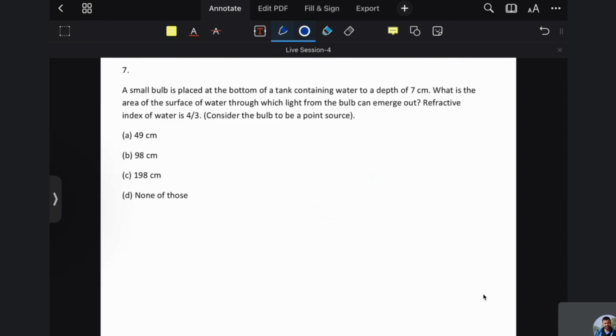Refractive index of water is given as 4 by 3, and consider the bulb to be a point source. So a point source is something from which light comes from all directions like this. So do you understand the question?